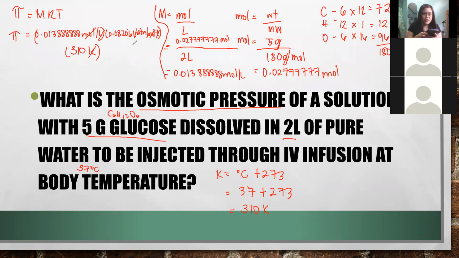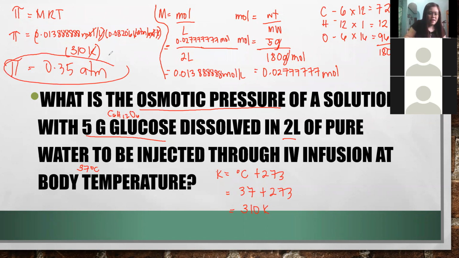So 0.01388 times 0.08206 times 310. 2 decimal places. The osmotic pressure here is 0.35 ATM. Okay, it's 0.35 ATM. Okay, let's list down.